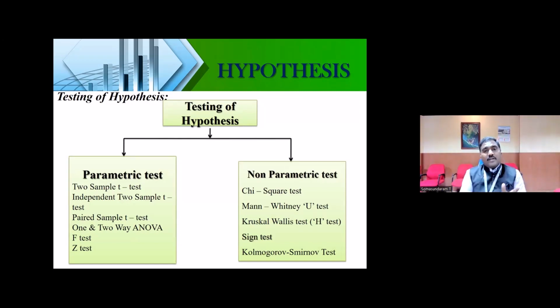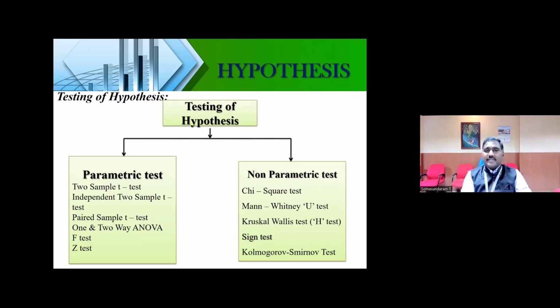But don't misunderstand that if normality is there, for any kind of variables we can use parametric. No. For a two-sample t-test, you should have 2 variables. Independent two-sample t-test, you need to have 2 variables, one dependent and another independent. You can use either the ordinal scale or the interval scale.